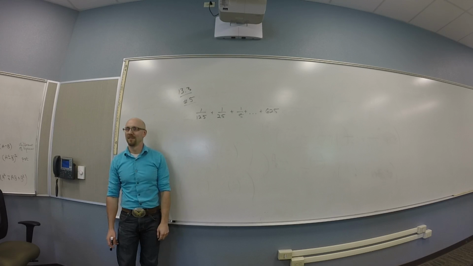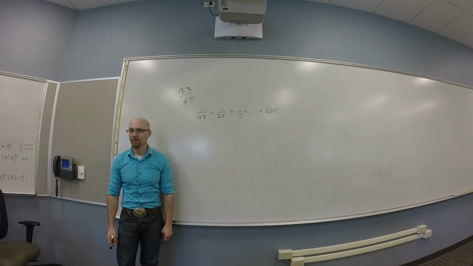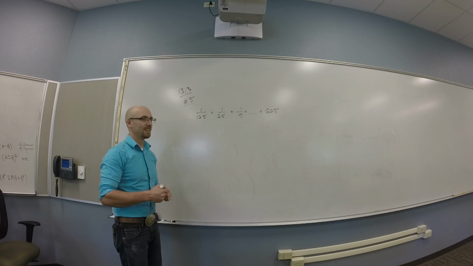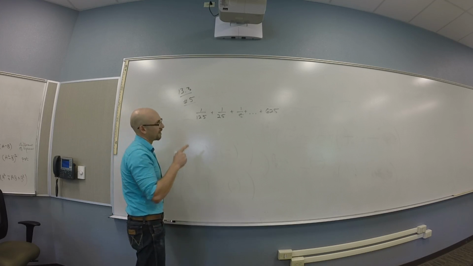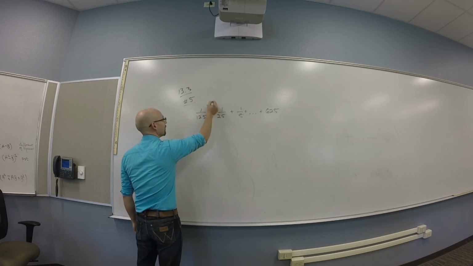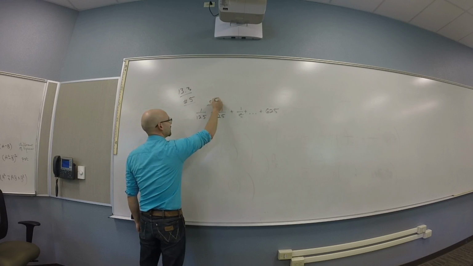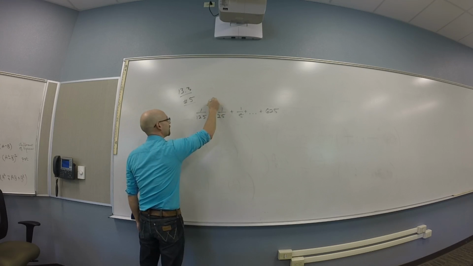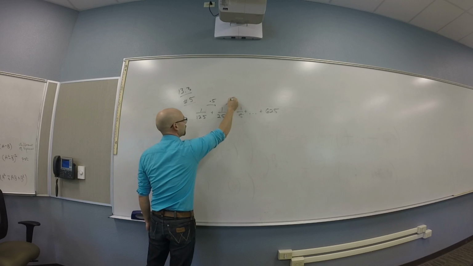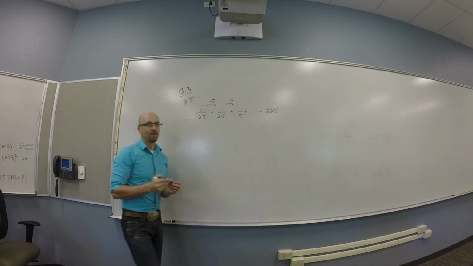Times it by 5. Yeah, you're multiplying by 5 to get from every step. You guys see that? So that's r. The ratio here is multiply by 5, multiply by 5, multiply by 5, and so forth.